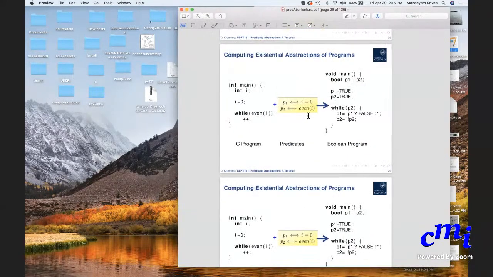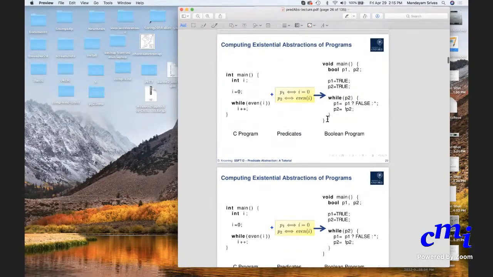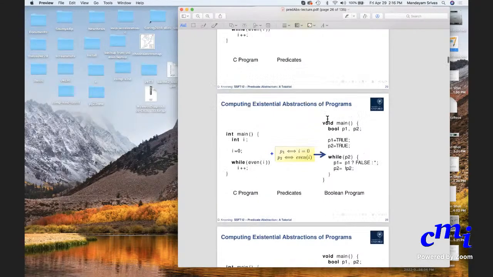Okay, so last time we were looking at predicate abstraction, another way of abstracting potentially large or even potentially infinite state systems into finite state models, by using a set of predicates that you wish to track.